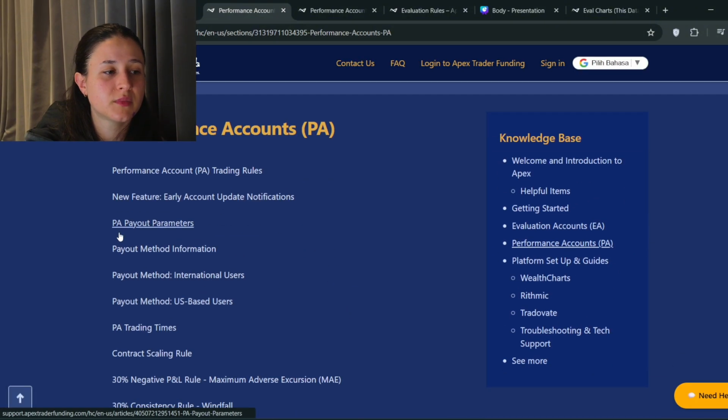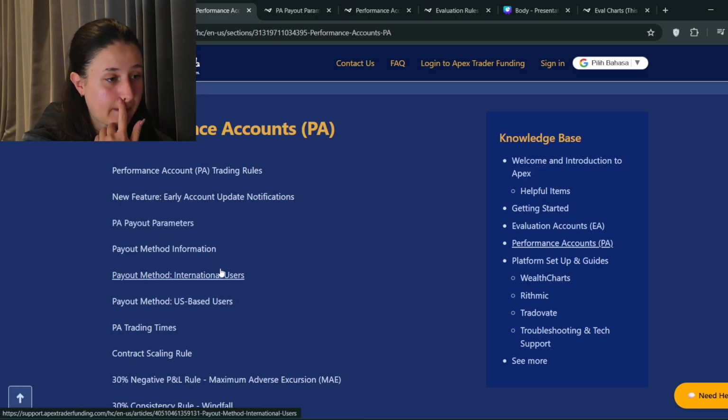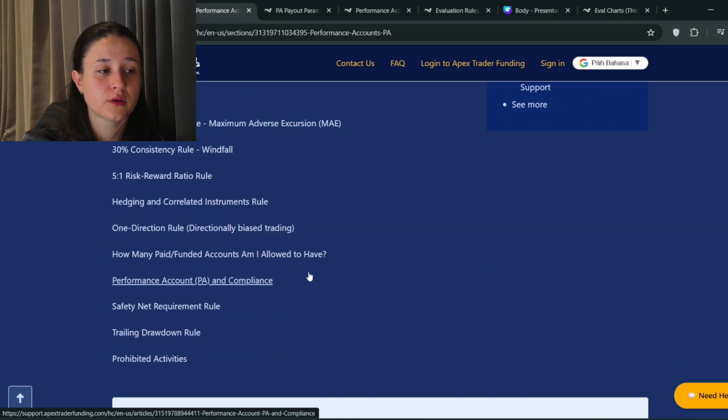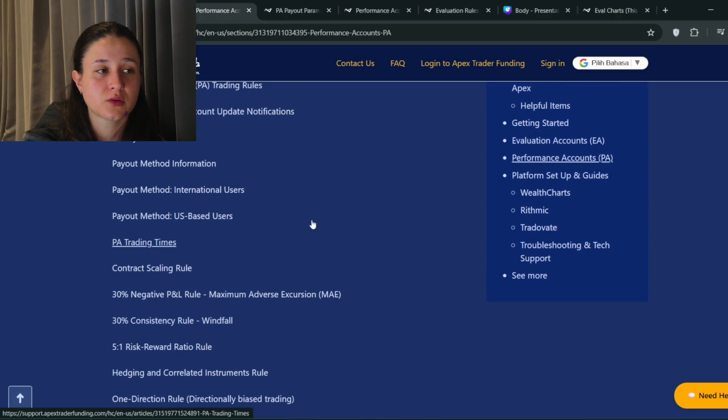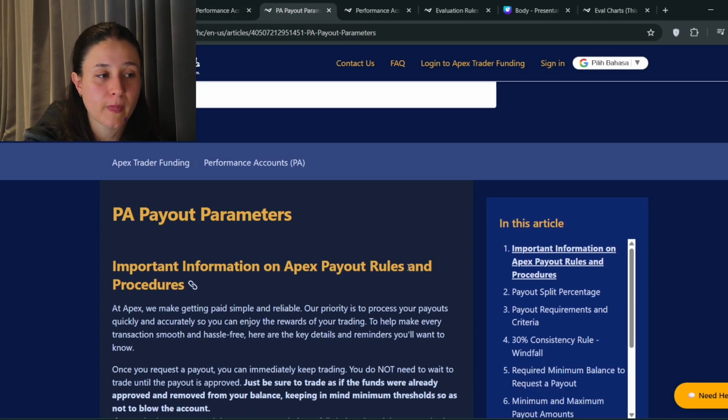New features, early account update, PA payout parameters. You can go through them on your own because there is a lot of information that you can read, but I'm just going to go through the most important ones.